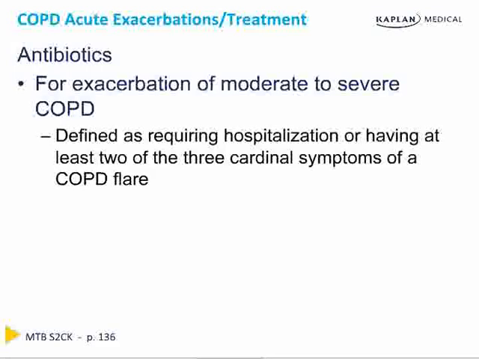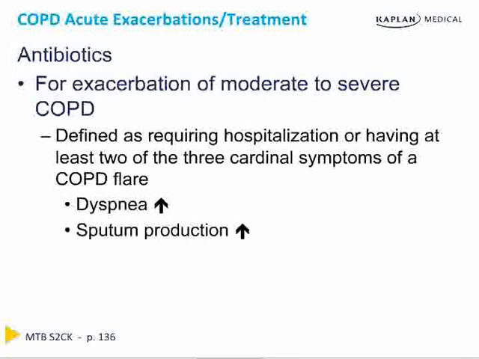In a patient with a moderate to severe COPD flare, antibiotics are indicated. We define a moderate to severe COPD flare as the following: requiring hospitalization or having at least 2 of the 3 cardinal symptoms of a COPD flare. These include dyspnea that's increased from the patient's baseline, sputum production increased from the patient's baseline, or a change in the sputum purulence from the patient's baseline.